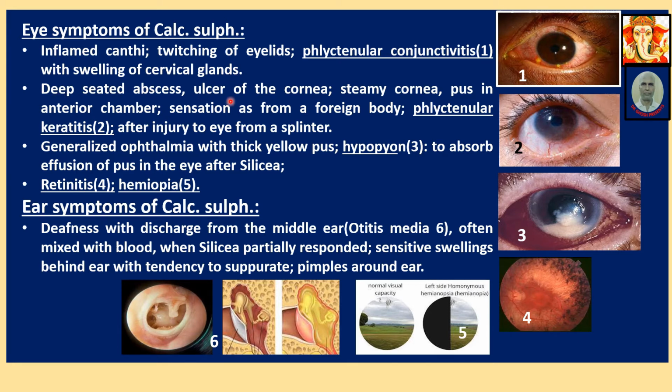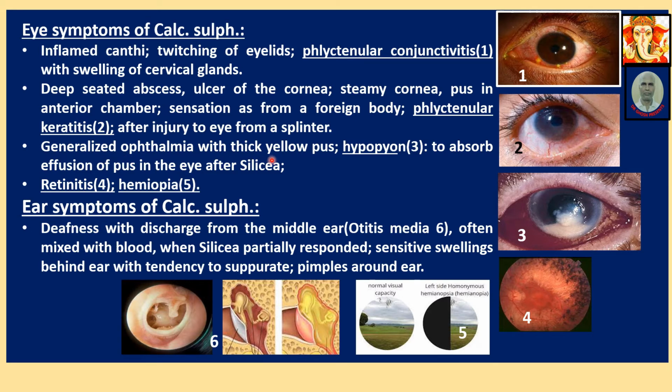Deep-seated abscess or ulcer of cornea, steamy cornea, pus in the anterior chamber, sensation as from a foreign body, phlyctenular keratitis, the same thing. Inflammation of the cornea is called keratitis. Cornea lies in front of the iris and pupil. Phlyctenular, the same thing. The reaction is an immune system reaction. After injury to the eye from a splinter.